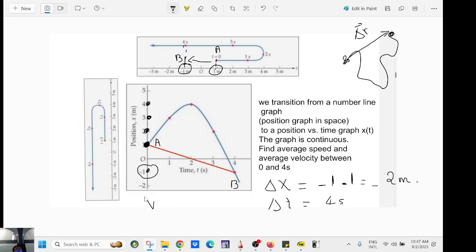So what's going to be the average velocity? -1/2. Okay, the more you do in class, the less you have to review for assignment or test, right? So -0.5 meter per second.